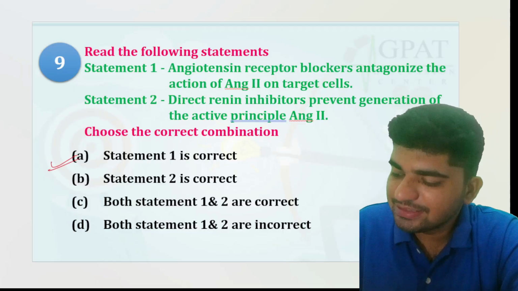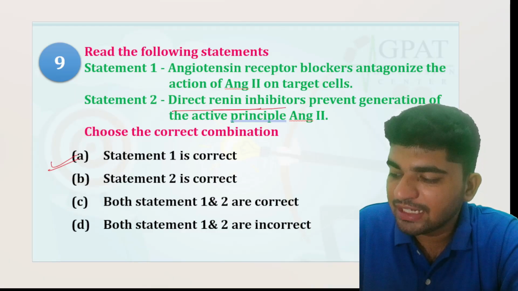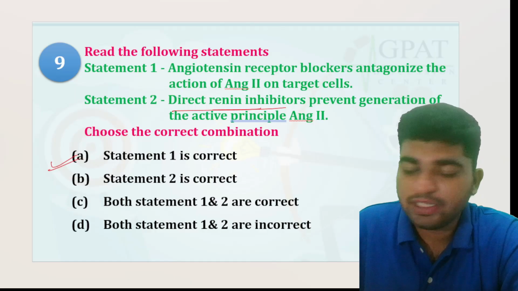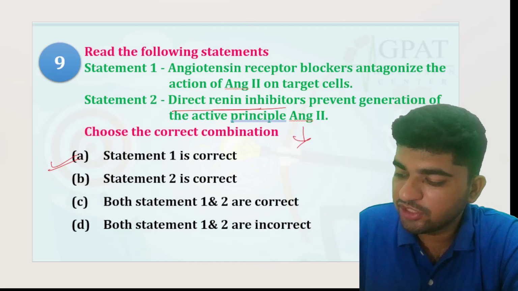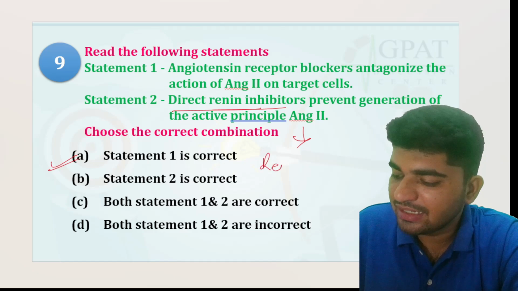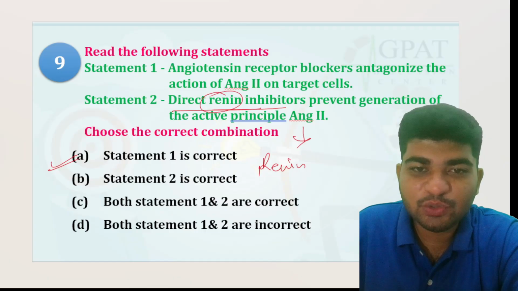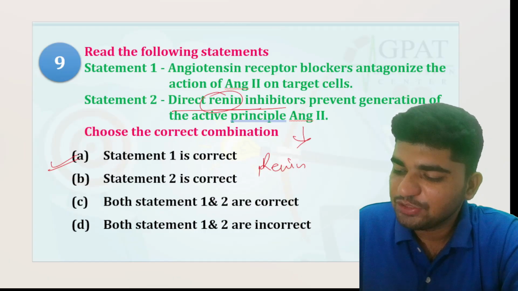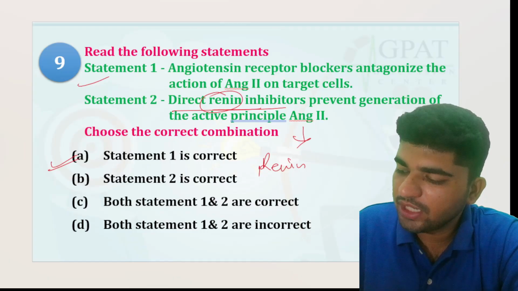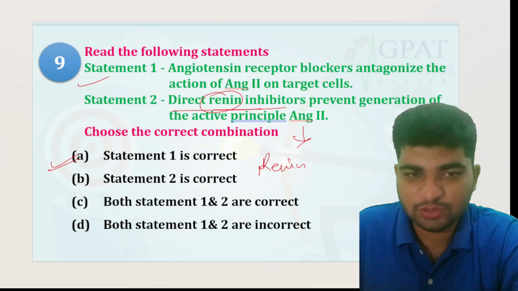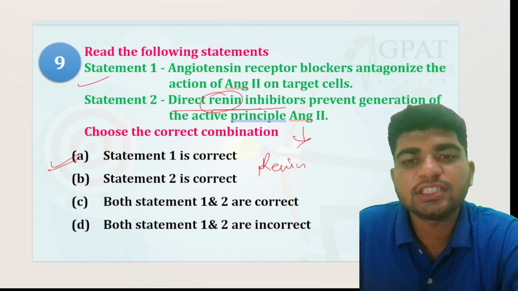I think you have answered that statement 1 should be very much right. Why? Does the direct renin inhibitor, which is aliskiren, prevent generation of the active principle angiotensin 2? No. It inhibits renin. Statement 1 says angiotensin receptor blockers antagonize the action of angiotensin 2 on target cells. Yes. Drugs like losartan, candesartan, telmisartan come under the angiotensin receptor blockers.